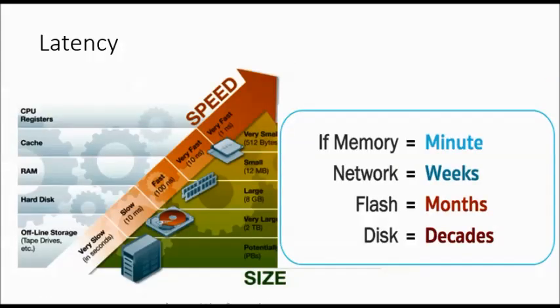This may seem all fine and dandy, but you need to understand something called latency. Latency is the amount of time that a component within the system takes to respond to a request by another component. So for example, the amount of time that RAM would take to respond to a request by the CPU for it to be read or written to is quite significantly high by comparison.